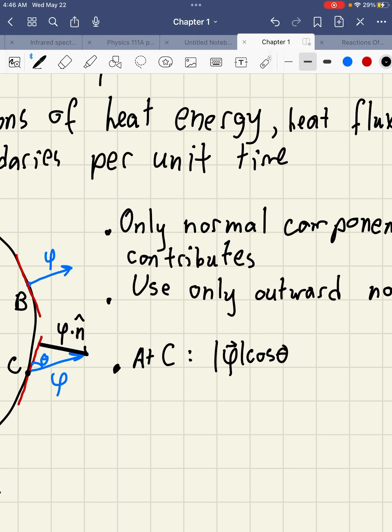There's something wrong in this picture. This should be our theta. Because if that's my phi, and this is my normal vector, this should be my theta.